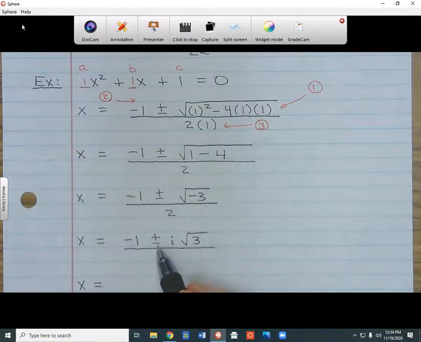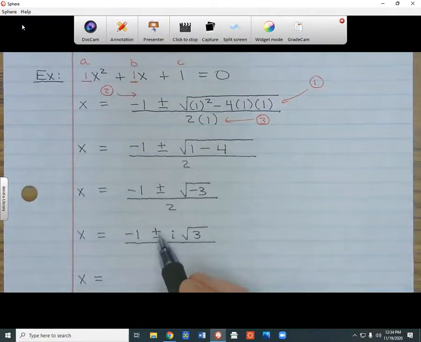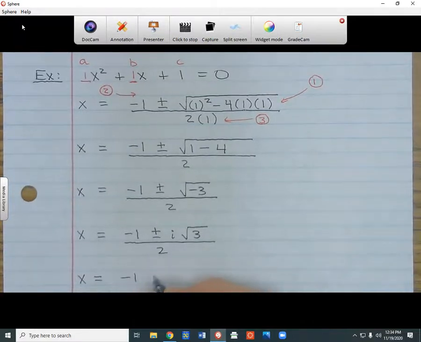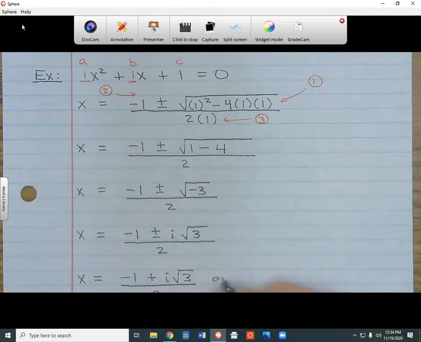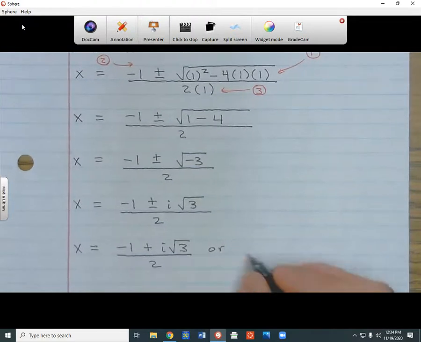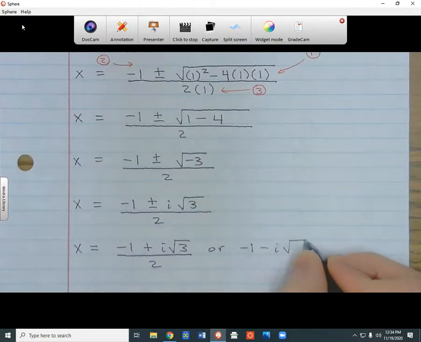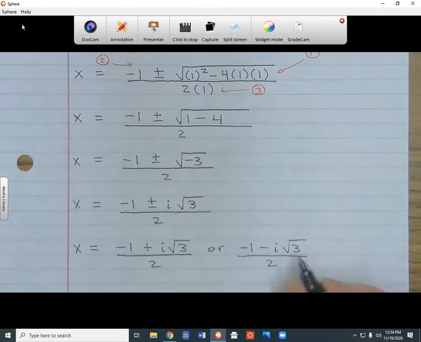Using the plus, I'm going to have negative 1 plus i times the square root of 3, where everything is divided by 2. Or I could use the minus sign, right? I also have negative 1 minus i times the square root of 3 with everything being divided by 2. But you do need both of those. So I'm going to use the plus and the minus to find my two solutions.